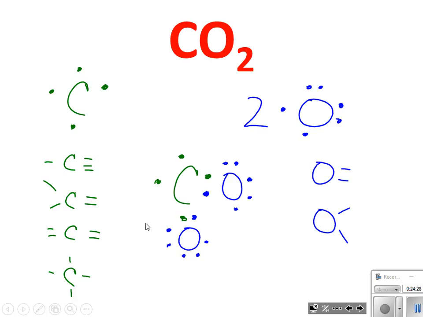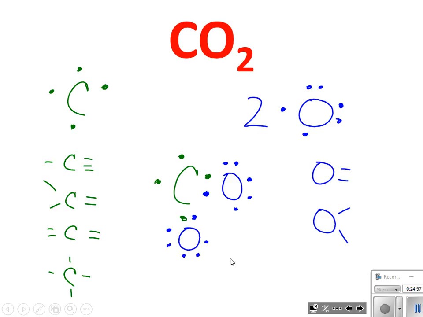So when I'm looking at this one right here, I see that I have 1, 2, 3, 4, 5, 6 with the 1 carbon. Now, I've single bonded both of those oxygens on there. Do they obey the octet rule? No. Does carbon obey the octet rule? No. Neither one of those obey the octet rule. So those aren't going to work.